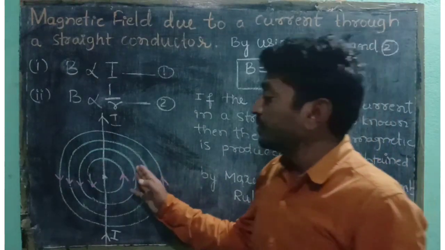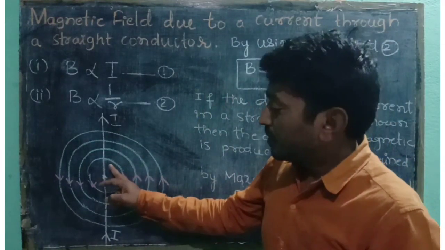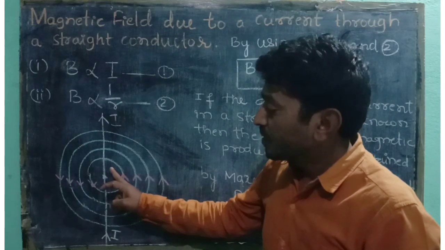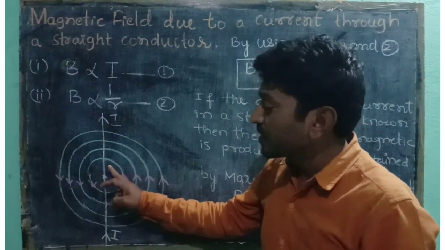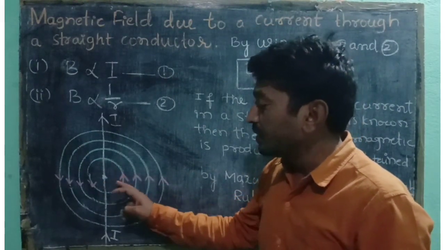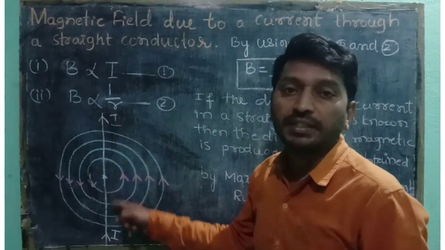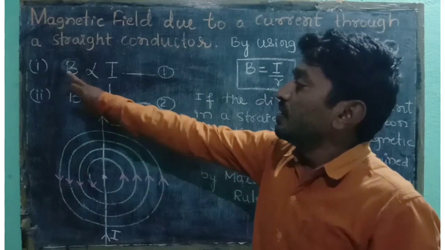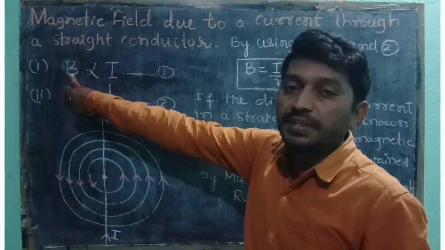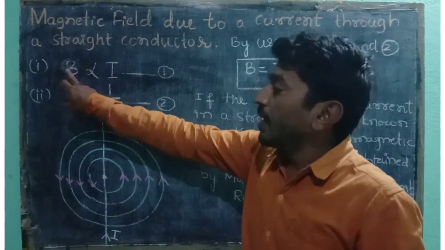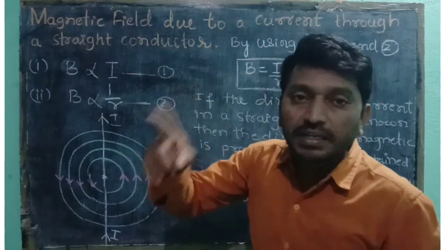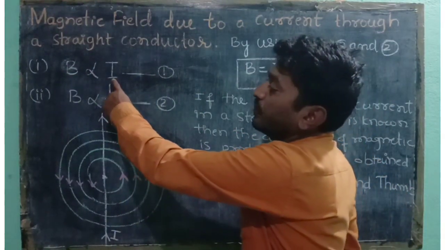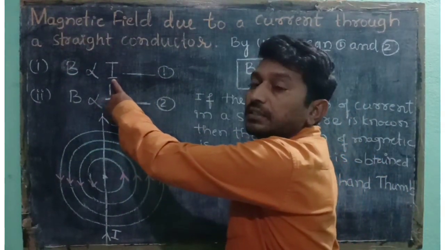Okay, so here the magnetic field mainly depends upon the current as well as the distance from the wire. Firstly, the magnetic field is represented by B. The magnetic field is directly proportional to the current flowing through the conductor.